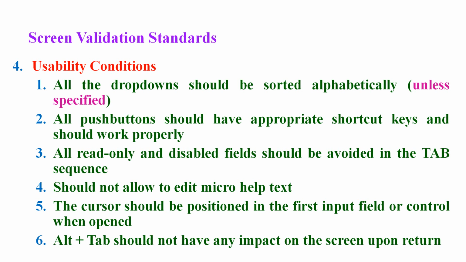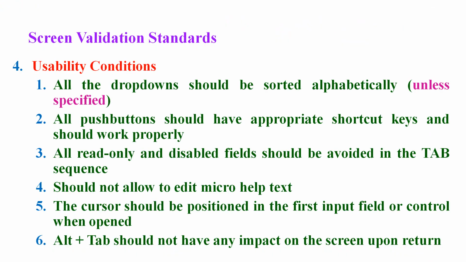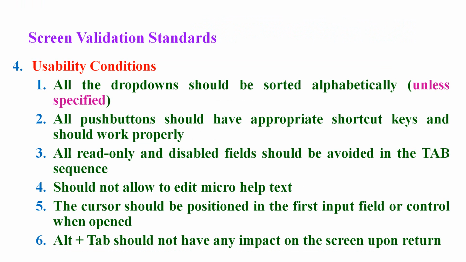Say this is the one I'm using; I press Alt Tab and move to another screen, then Alt plus Tab again. Once you come back to this one, there should not be any disturbance in the text or in the screen. That is the meaning. Yes or no?